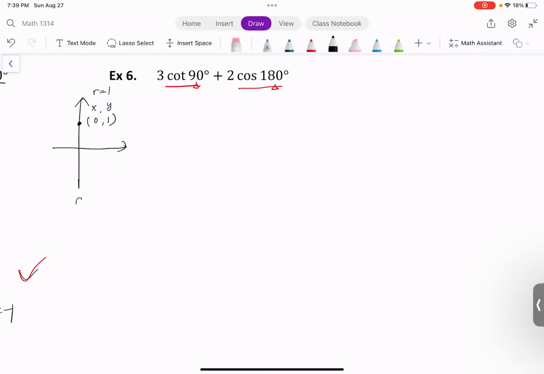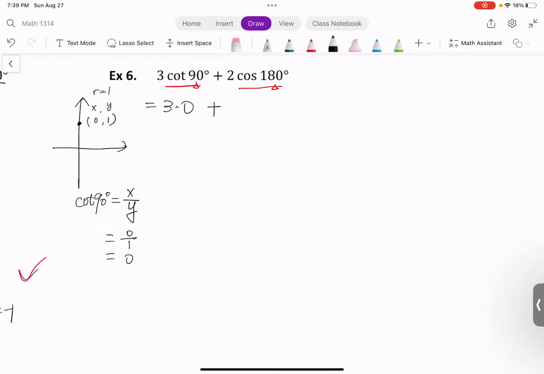Let's do it on the scratch paper. Cotangent 90 degrees equals x over y, or you say reciprocal of tangent. What is x? X equals 0, y equals 1. So cotangent 90 is 0. So we put 3 times 0 here.